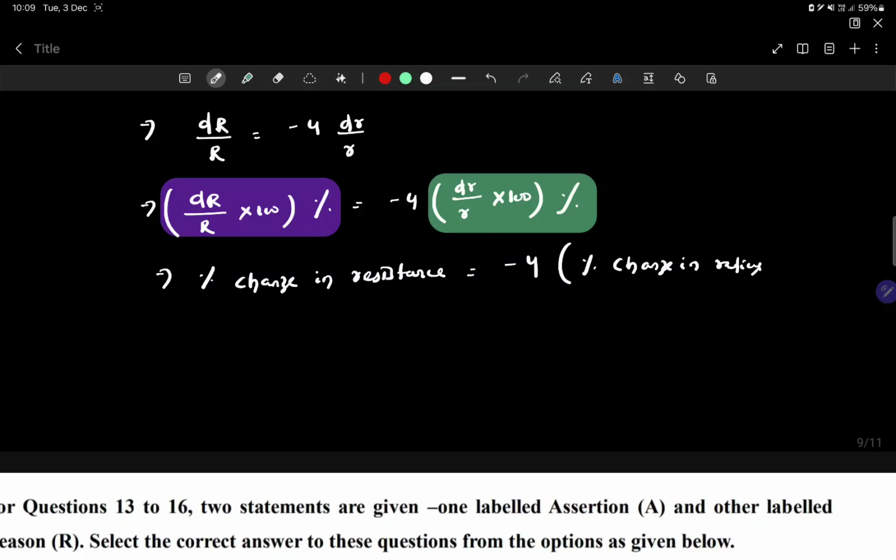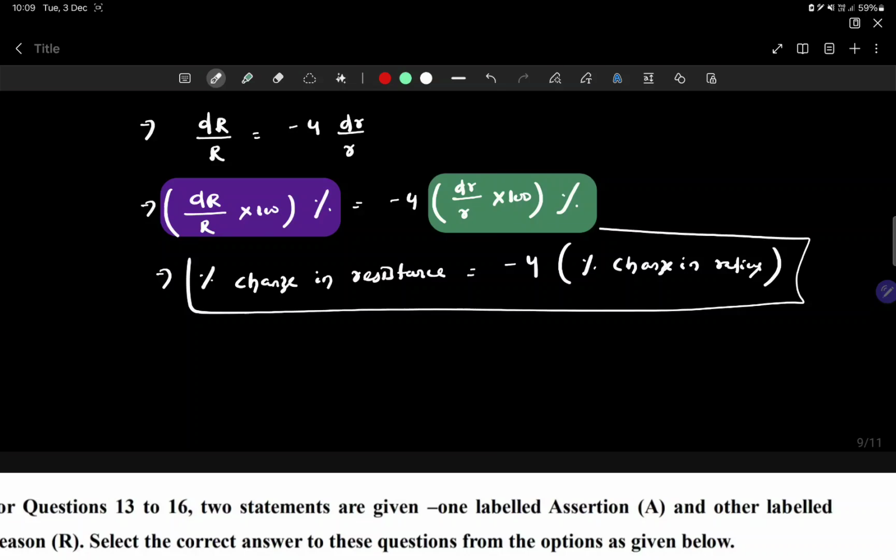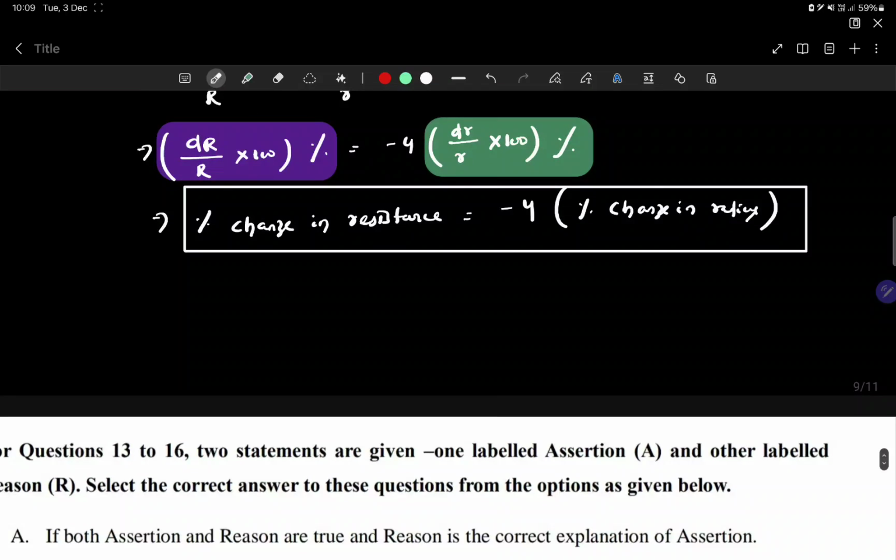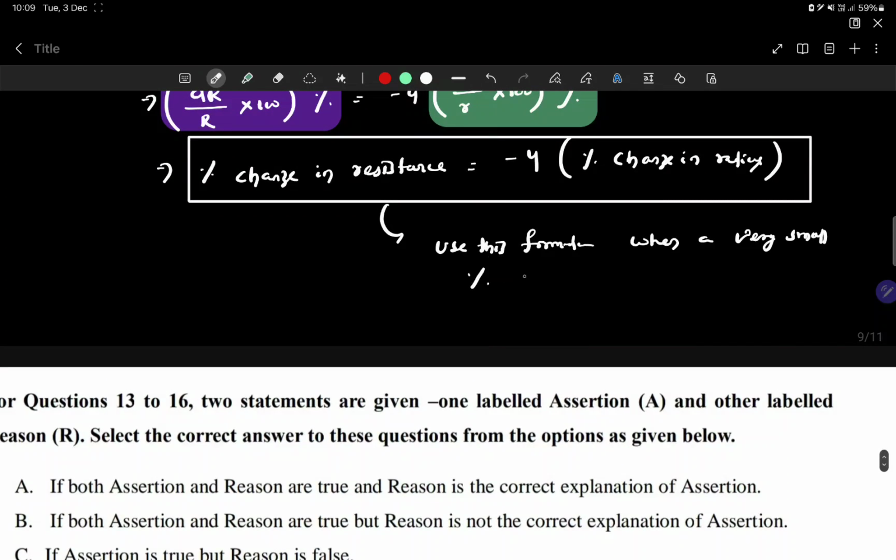And all of you remember, we can apply this formula only if this percentage change in radius is very small. So use this formula when a very small percentage change of radius is given.